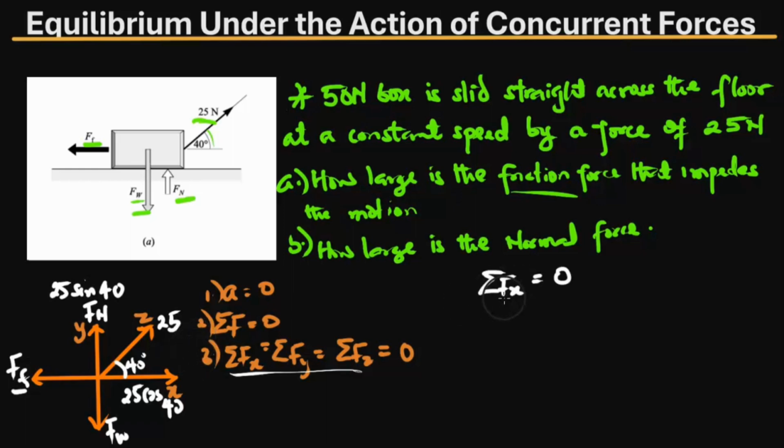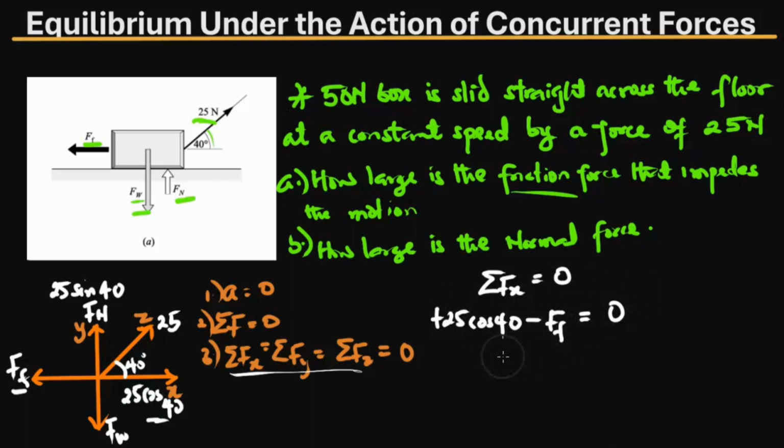So at the horizontal, which is the x direction, we have 25 cos 40 for the positive x direction. So positive 25 cos 40, and then the frictional force in the negative, so minus the frictional force, and this summation is equal to 0.